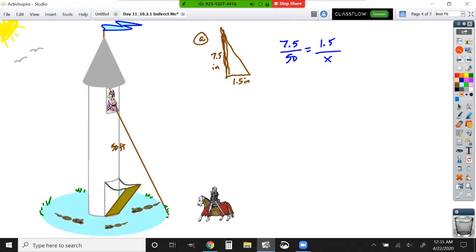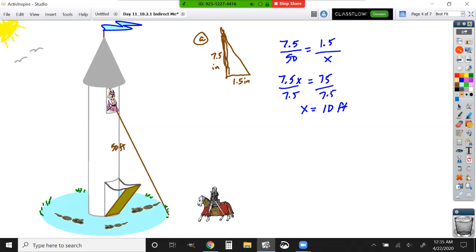You could cross multiply this. You could also figure out the giant one that's going to get you from 1.5 to 7.5, but most people would probably cross multiply. So 7.5x is equal to 50 times 1.5, which is 75. When you divide by 7.5, x is equal to 10 feet.